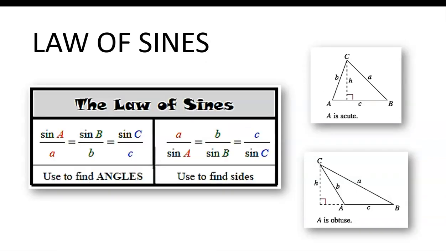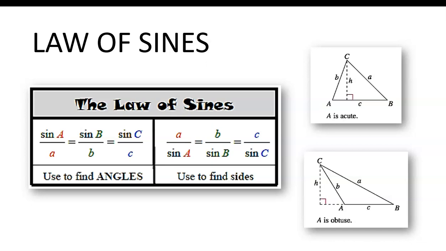Here's the formula for the law of sines. It can be used in both acute and obtuse triangles. You can see there on your pictures the way they're drawn. Another thing to know about the law of sines is you can do them in reciprocal form. You just set them up as proportions. You can use sine A over a equals sine C over c.